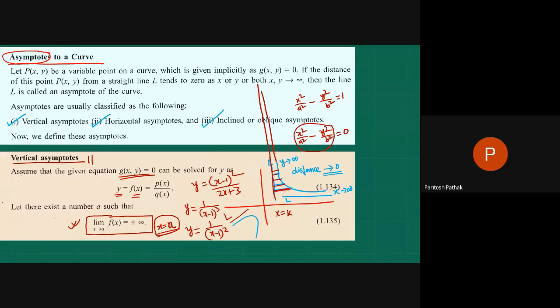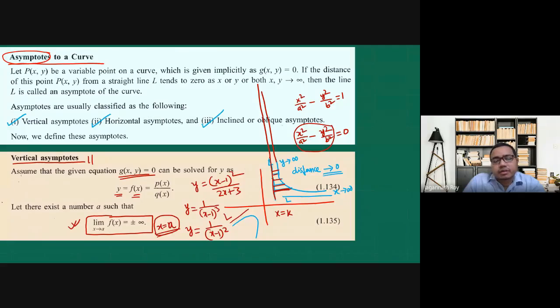But here also, sir, if we see the combined equation, we are getting incorrect results, like y is equal to 1 upon x minus 1 whole cube, x is equal to 1 is the asymptote. Sir, it is only applicable for hyperbola, I think. Yes, sir, it is only applicable for hyperbola, because a hyperbola has a different shape, right?